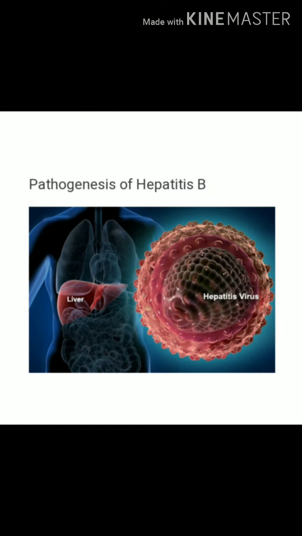Hepatitis B carriers. About 5 to 10% of hepatitis B virus infections result in a chronic carrier state. The latter may be defined as persistence of hepatitis B surface antigen in circulation for more than 6 months. And the carriers are of two types: super carriers and simple carriers.